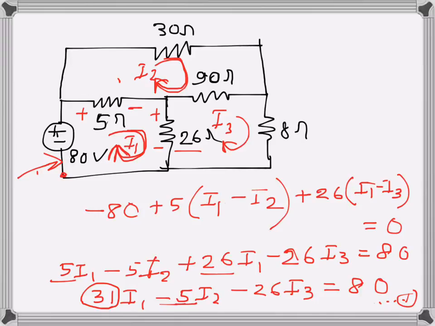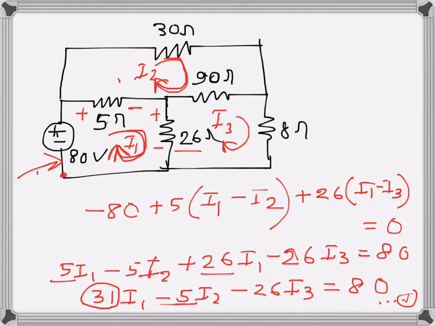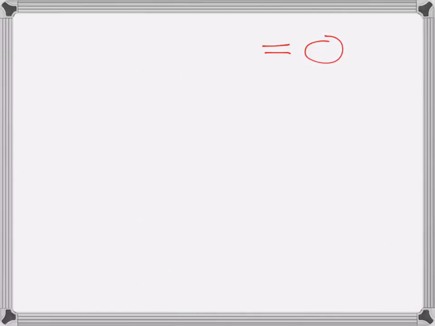So I will write the equations for the remaining two loops. For loop 2, there is no source, so the right-hand side will be 0, and I will write I1 first. The common resistance is 5 ohms again, so that becomes minus 5 I1.